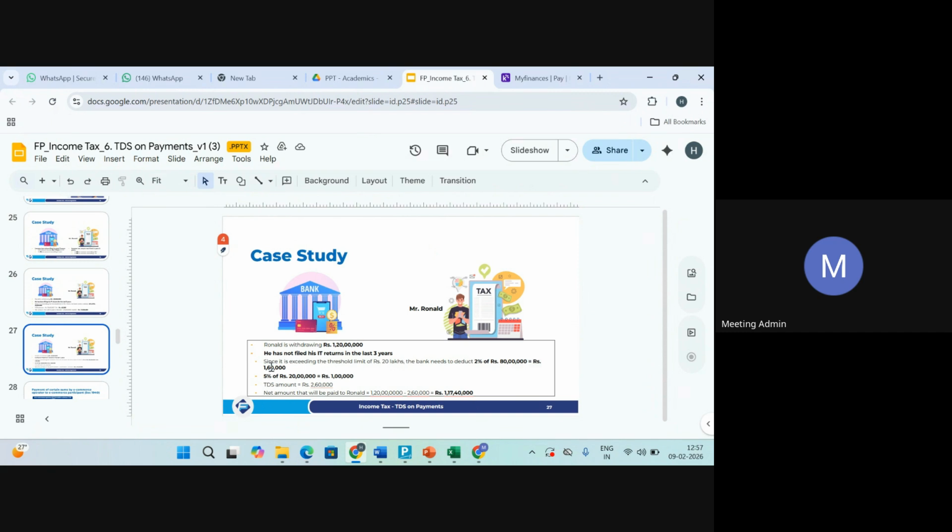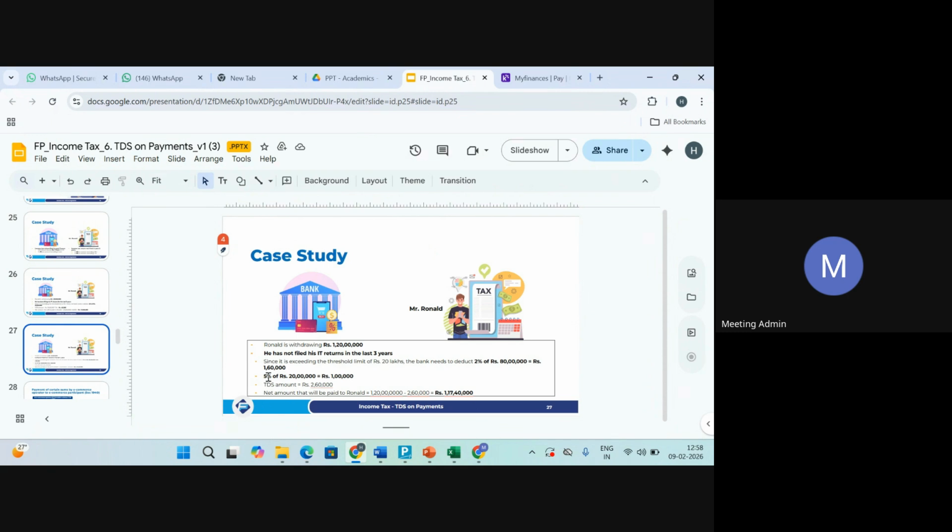Here you can see, since it exceeds the threshold limit of 20 lakhs, the bank needs to deduct 2% on 80 lakhs. Since it is more than 1 crore, if he did not file, it will be 5%, plus 2% as well, he has to pay as penalty. So 2% on 80 lakhs will be rupees 1 lakh 60,000.